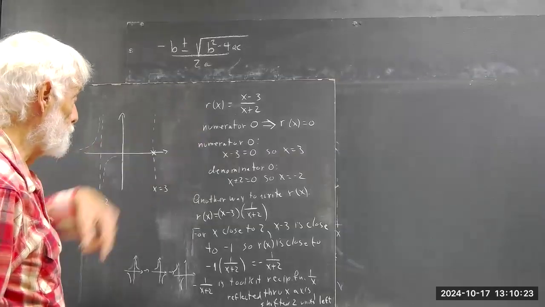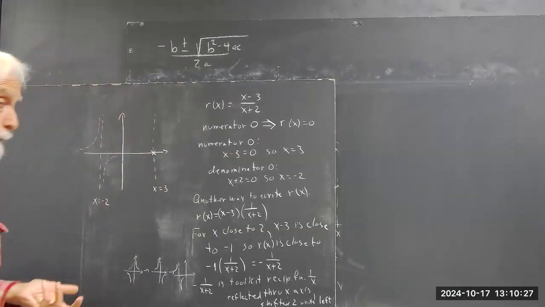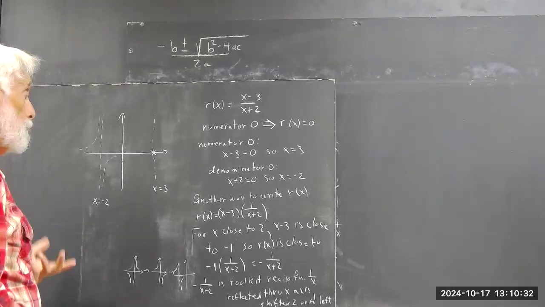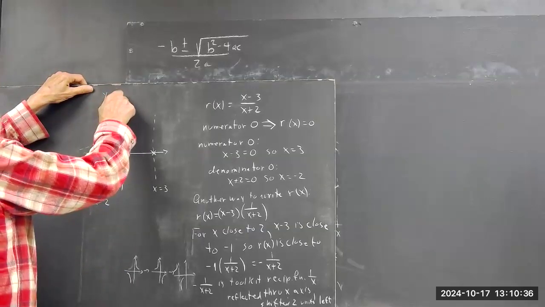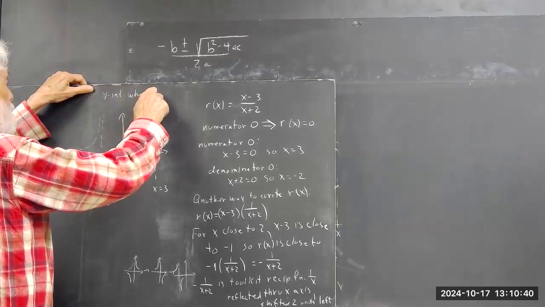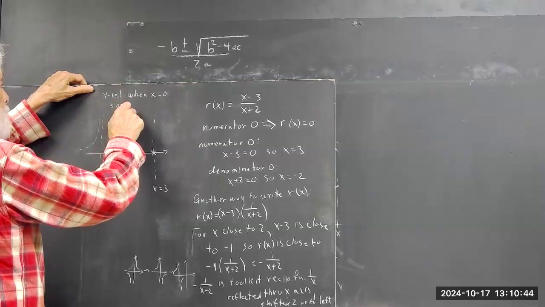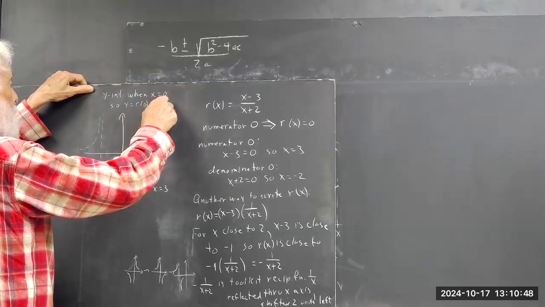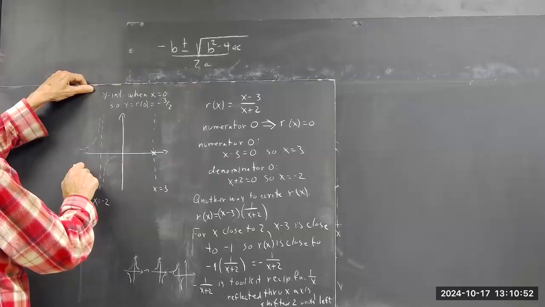Now, if we want to graph this thing, what's the y-intercept? Well, that's when y equals r of 0, which is -3/2.